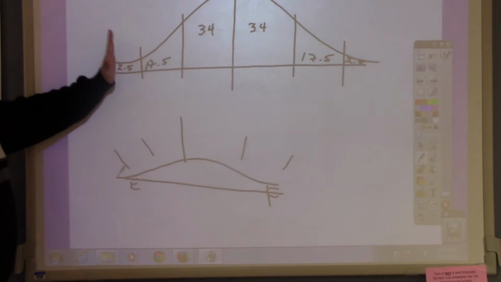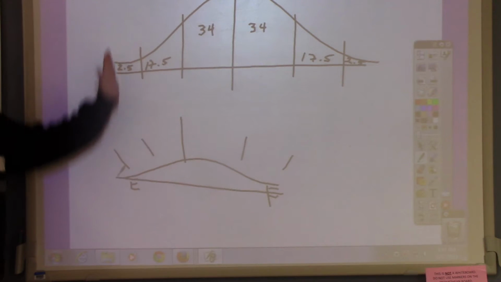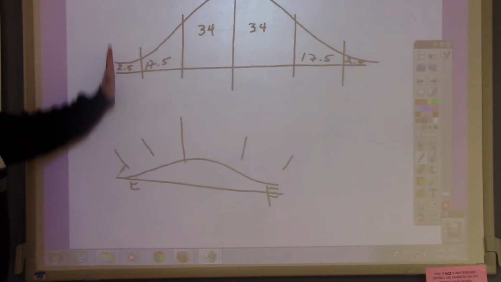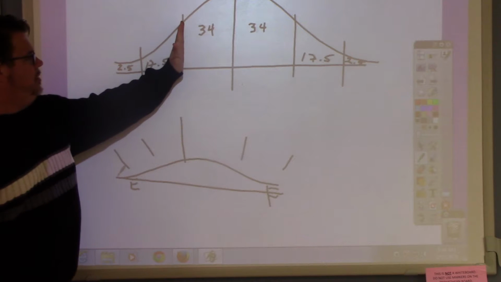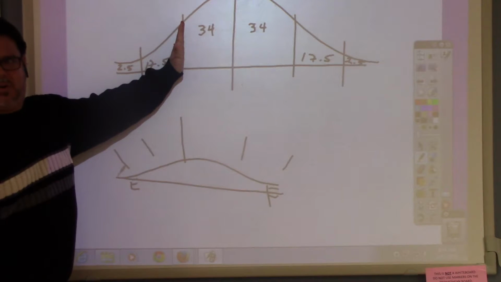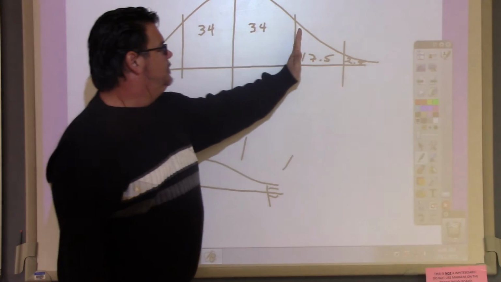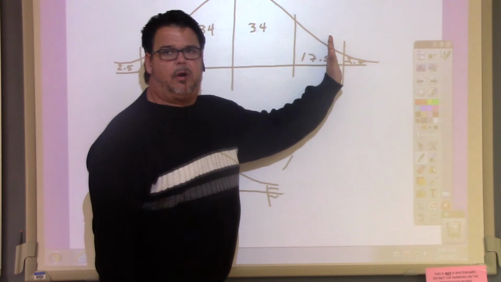All right, so where am I at here? Empty. Right here, we're about a what? Quarter tank. What about here? About a half tank. And full over here. All right.